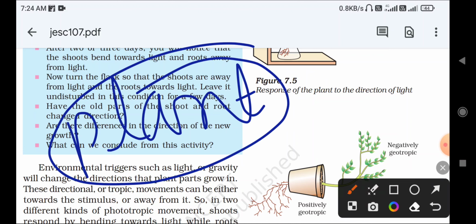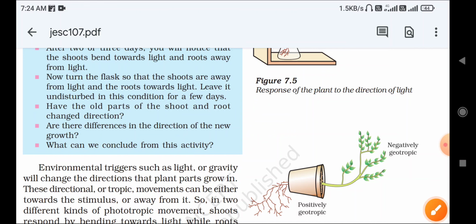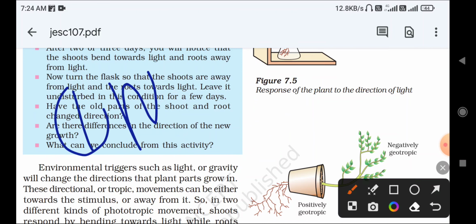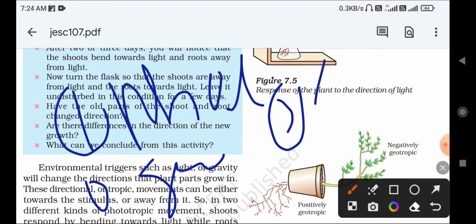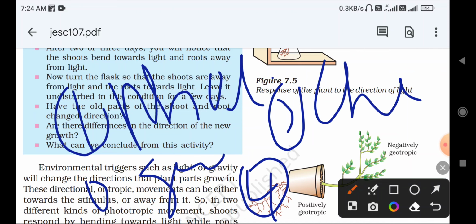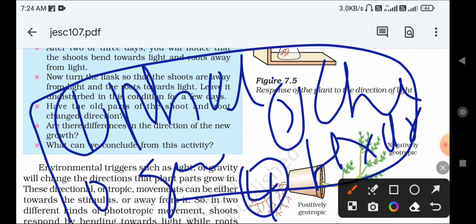This is very important. In the next videos we will discuss what phototropism is, what geotropism is, what chemotropism is, and the fourth one, hydrotropism. These are very important definitions. They will ask for 2 marks in the exam.